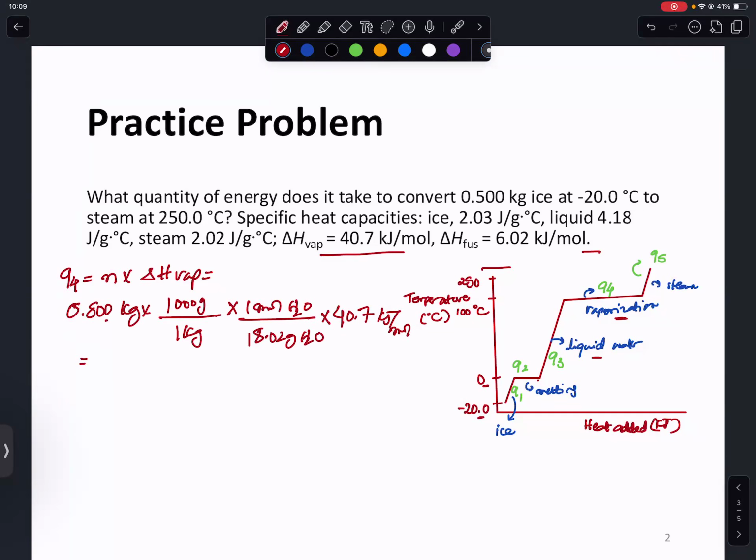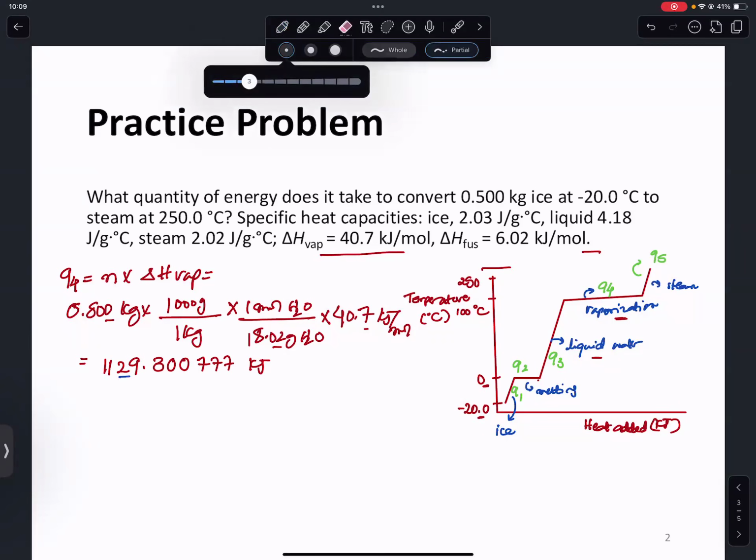And again, 3 sig figs, 3 sig figs, 3 sig figs, which is going to be 1129.30.00777 kilojoules. And this is 3 sig figs.